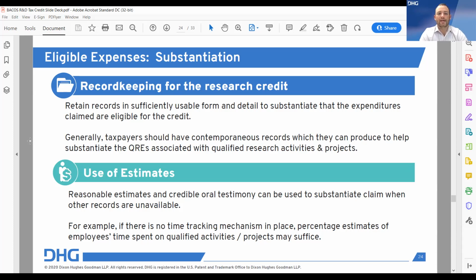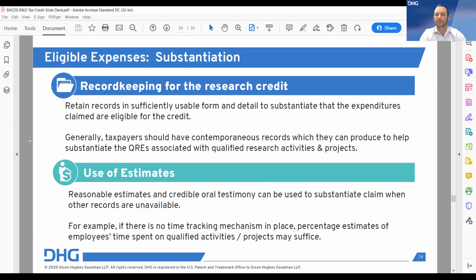But with this, the actual language here is that you must retain records in sufficiently usable form and detail to help substantiate that the expenditures claimed are eligible for the credit. What we do and what we see in practice is that you're typically going to have good quantitative files, so employee listings, either time tracking or percentage estimates for the employee's qualified time.